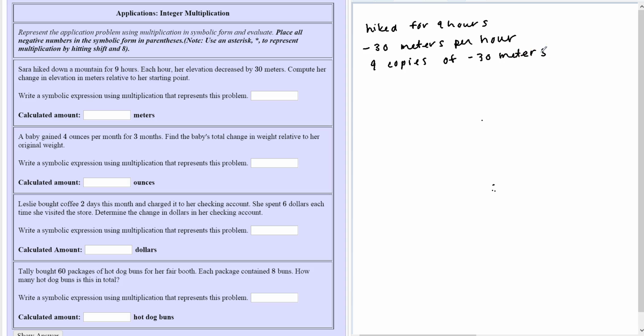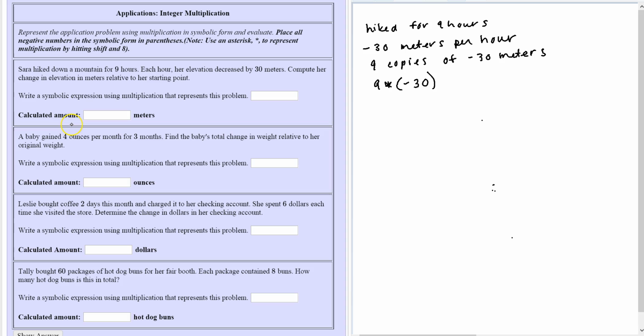Every one of the 9 hours, her elevation decreases by 30. So this would be 9, I'm going to use the asterisk, times negative 30. And negative 30 should be in parentheses because it's a negative number. So when you fill it in here, make sure you use the parentheses.